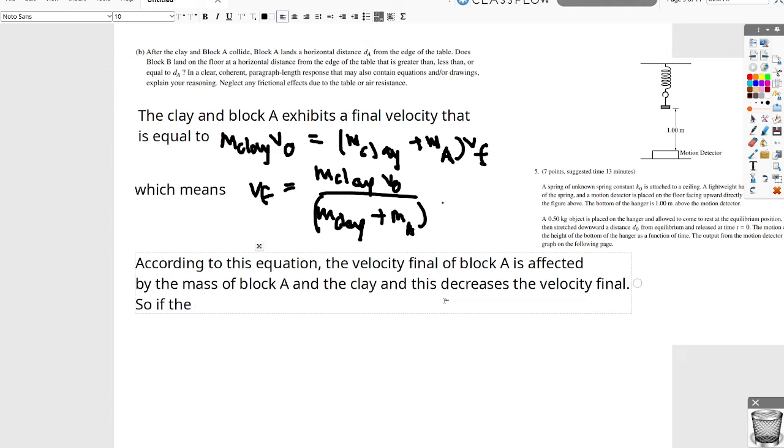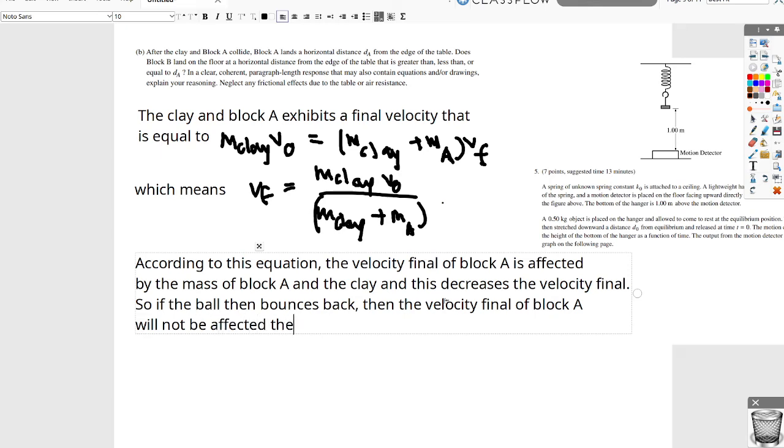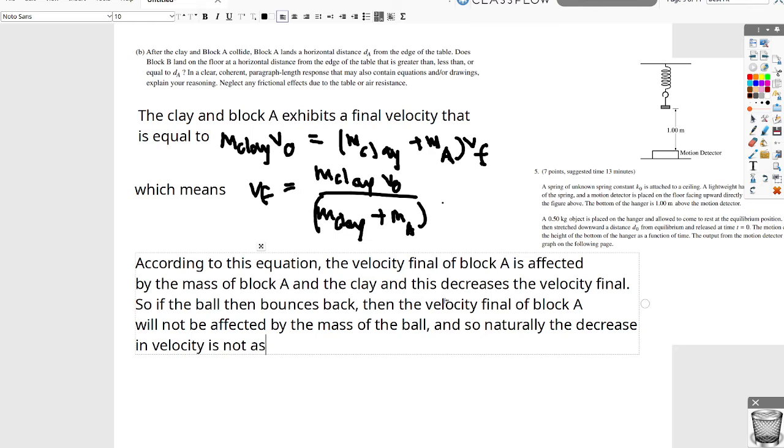accordingly. So if the ball bounces back, then the velocity final of block A will not be affected by the mass of the ball, and so naturally the decrease in velocity is not as strong, not as large. There you go.